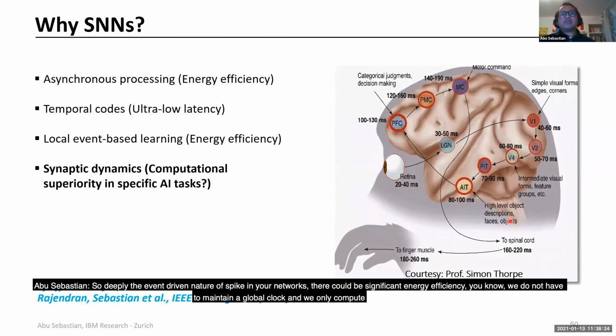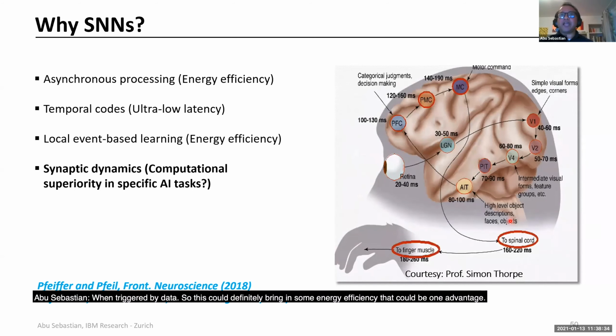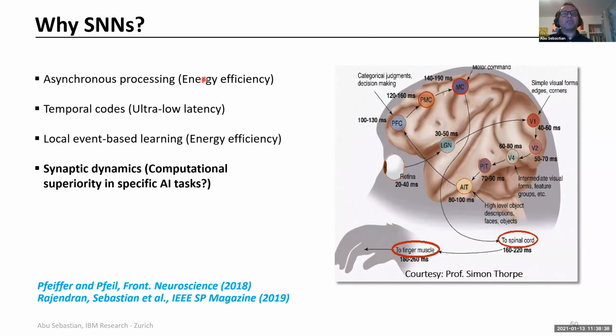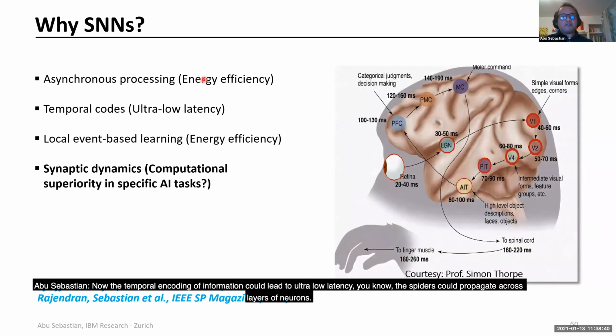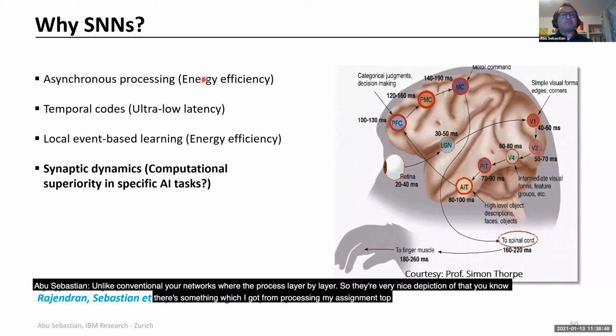So due to the event-driven nature of spiking neural networks, there could be significant energy efficiency. We do not have to maintain a global clock, and we only compute when triggered by data. So this could definitely bring in some energy efficiency. That could be one advantage. Now, the temporal encoding of information could lead to ultra-low latency. The spikes could propagate across layers of neurons, unlike conventional neural networks where we process layer by layer.